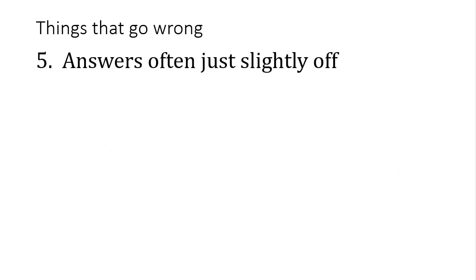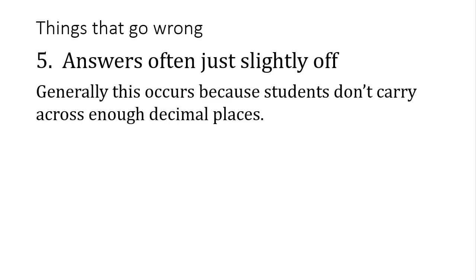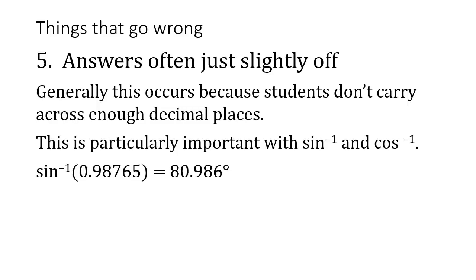If your answers are mostly right but just ever so slightly wrong, then what you've probably done is you haven't put enough decimal places in your answers and through your working all the way through. This is particularly important with inverse sine and cos because they are very, very sensitive to the scale of the answer put in.